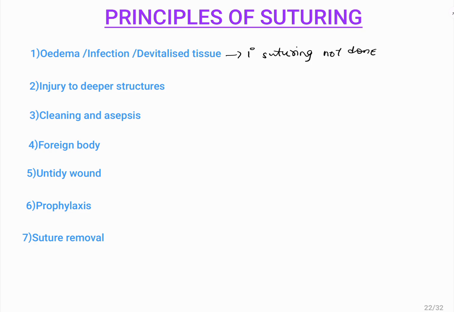Then the second principle is injury to any deeper structure should be foreseen before closure of any wound. A proper cleaning and asepsis should be conducted and a sterile condition should be prepared before debridement.